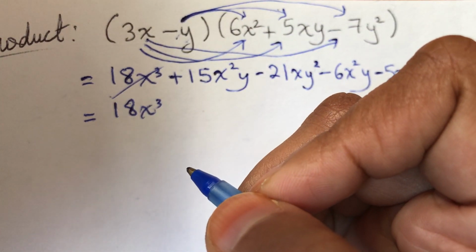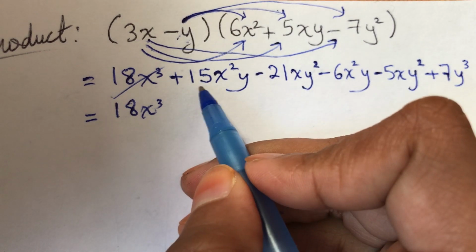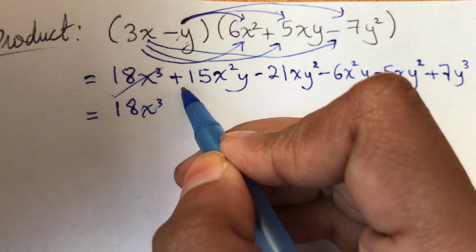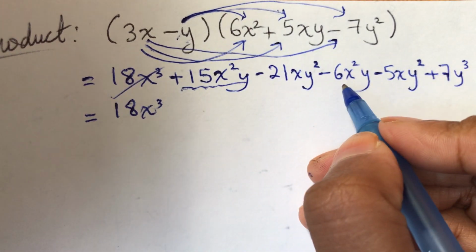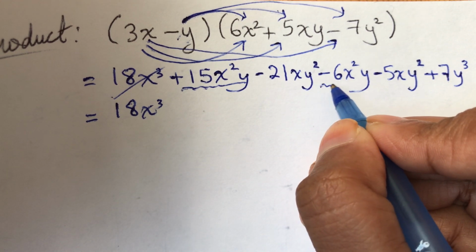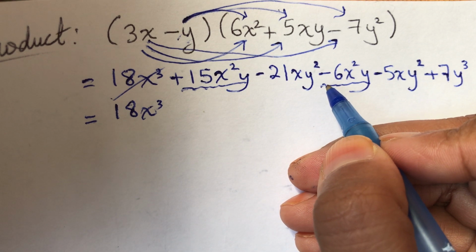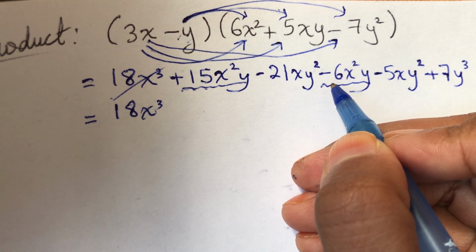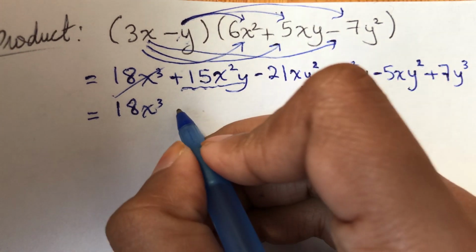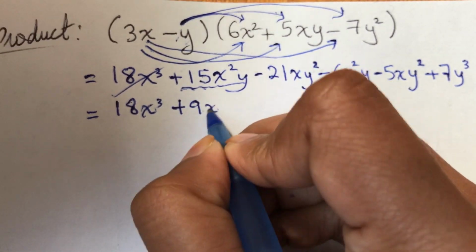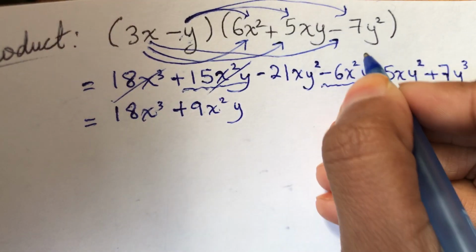Cross this out. Then I have 15x squared y. Let's see if I can combine this with this one here, negative 6x squared y. So 15 minus 6x squared y, I end up with a positive 9x squared y. Cross it out, cross it out.